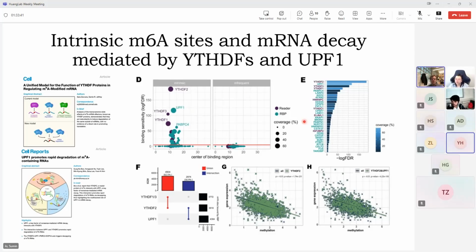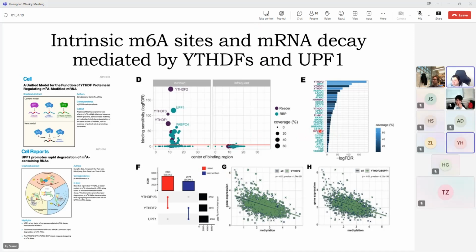Very validating for the understanding of the field, right? You're doing this in a very data-driven way, and you find exactly what these main readers are. Essentially, the results suggest that these intrinsic sites do not function to regulate, for example, translation efficiency, RNA export, or splicing. Their main function is to regulate RNA degradation. That's the message.